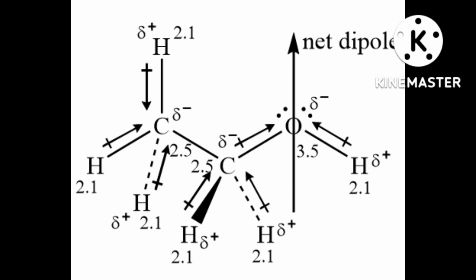Again, listen. The polarizing power of the cation, the polarizability of the anion, and the extent of distortion, meaning polarization of the anion. These three things I told you. These are the three factors.